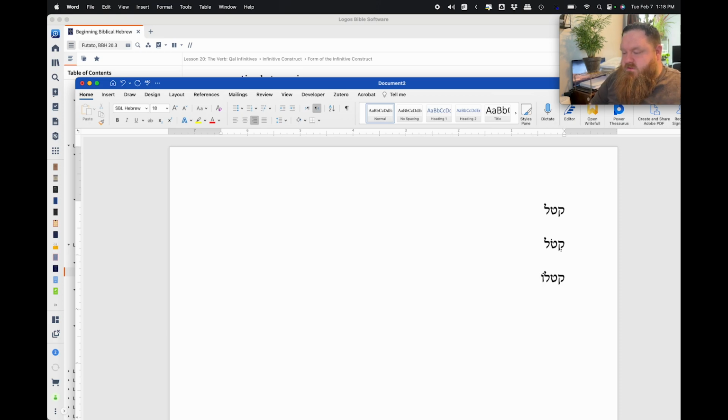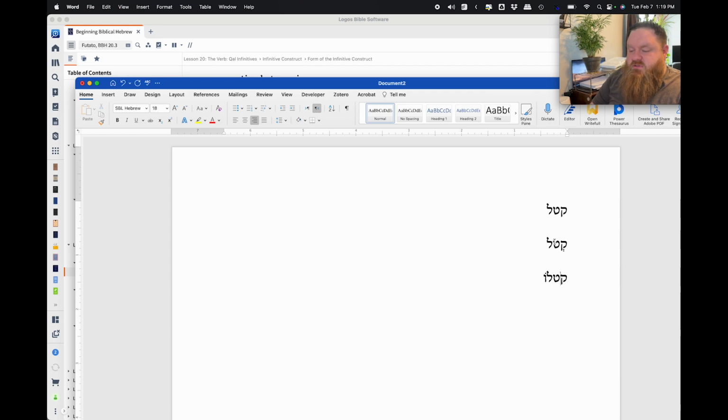Let me write it like this, holum vav, okay? Now, this is going to cause the vowels to shift a little bit here. And the vowel pattern in the infinitive construct is that this holum, this O-class vowel in R2, is going to not reduce, this is going to break the syllable. You're going to get one syllable here and one syllable here. Well, you can't do that with a holum, so you can only break a syllable with a silent shva.